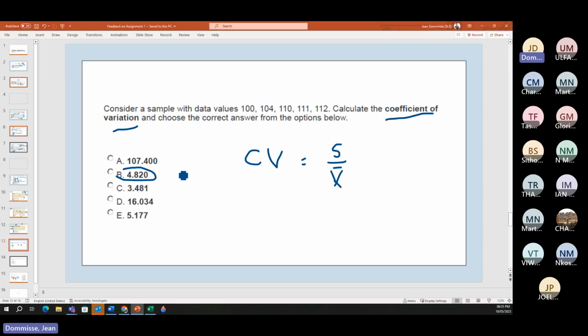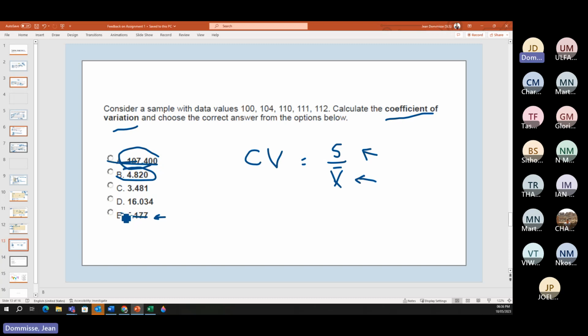I just want to check. So you can see there's 107, that was your mean, and your standard deviation was also in there. So as you work certain things out, there are nearly pointers that make you think, oh, there's a number, it must be that.